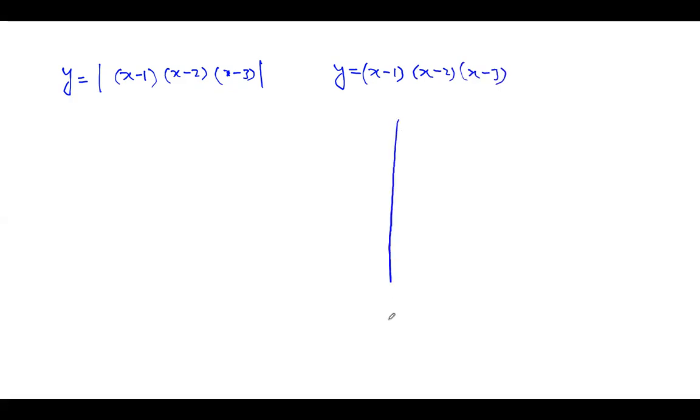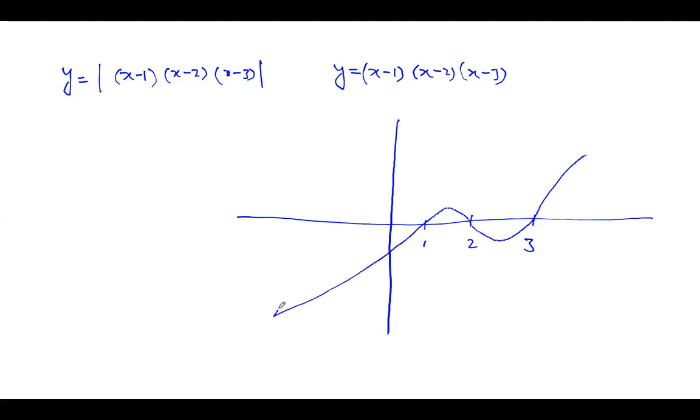This is the y-axis, and this is the x-axis, with all three points 1, 2, and 3. Greater than 3 it is positive, then negative, positive, and negative going to minus infinity. Now we have to draw the graph for the mod of this. First we see the negative portions. This is a negative portion, and this is a negative portion of y.